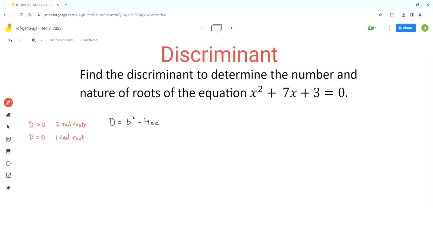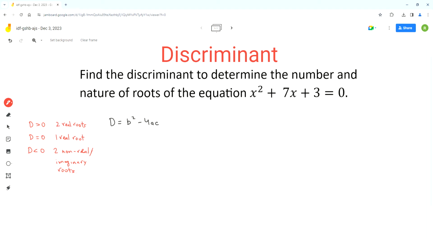And if the discriminant is less than 0, there are two non-real roots, and they are also called imaginary roots. So these are the rules you have to keep in mind for discriminant.